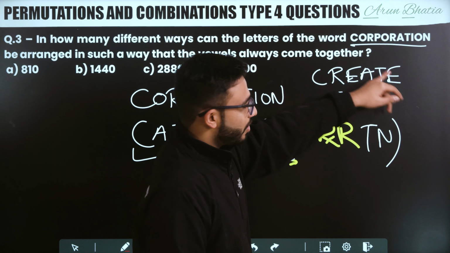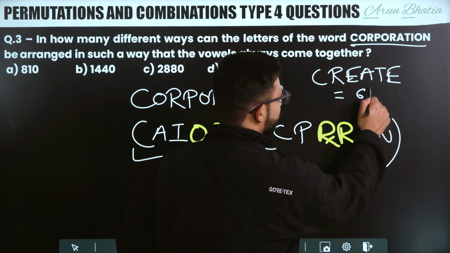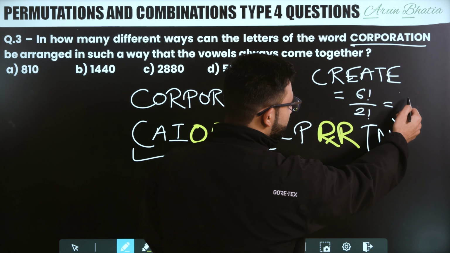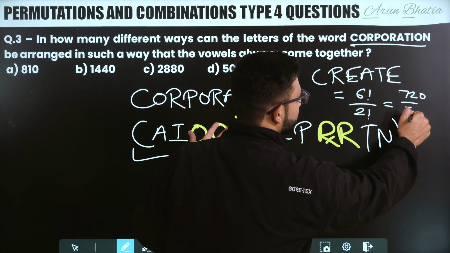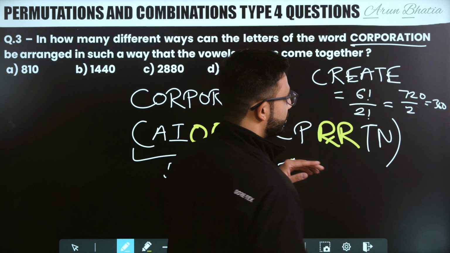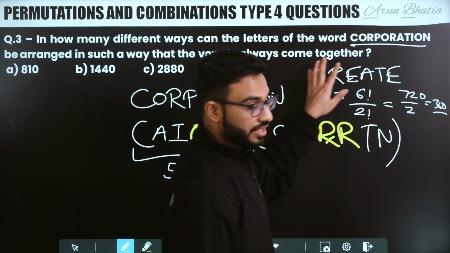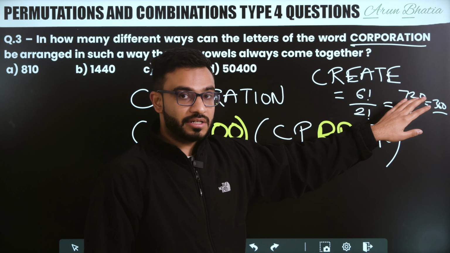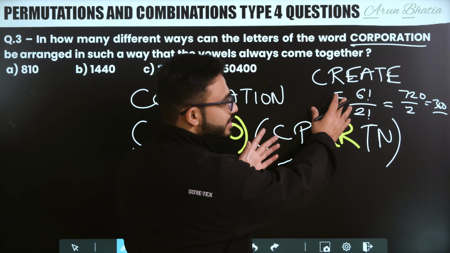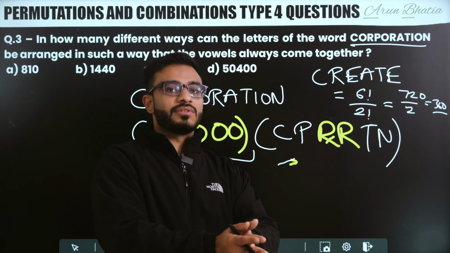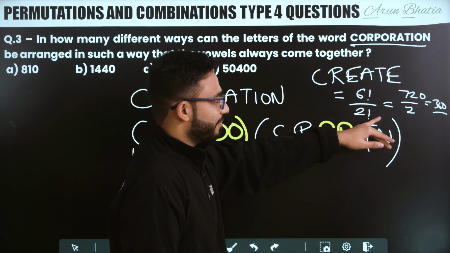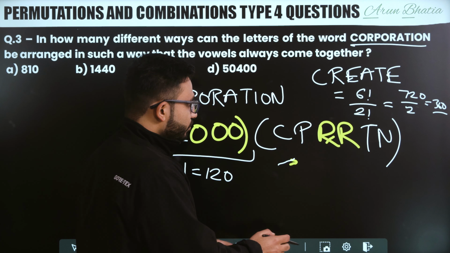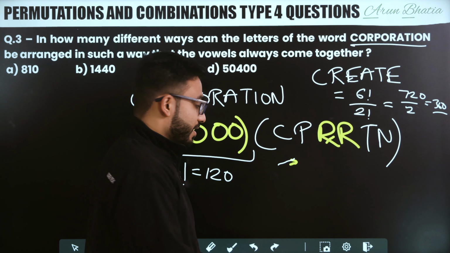So we used to consider all the letters. There are 6 letters, so 6 factorial divided by 2 factorial, because E is repeating 2 times. So there are 360 different ways of arranging create. It was cut in half. If you just consider that all of the letters are different, then it's 720, because E is repeating 2 times, all the arrangements are cut in half, because no matter how you arrange the E's, it's the same thing. Whether you swap them, it's the same thing.